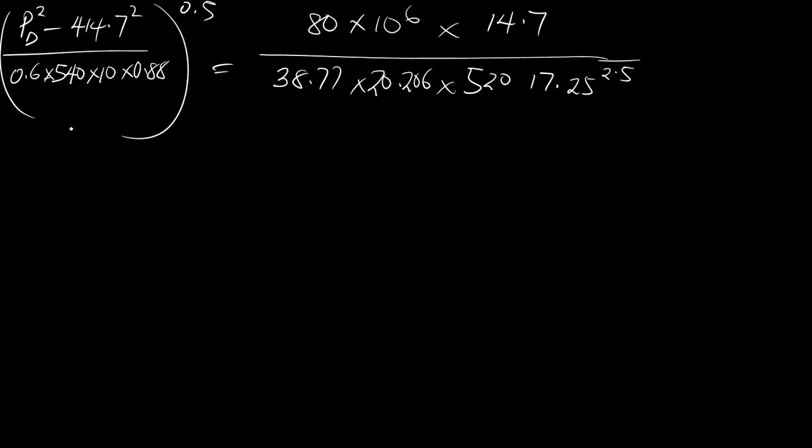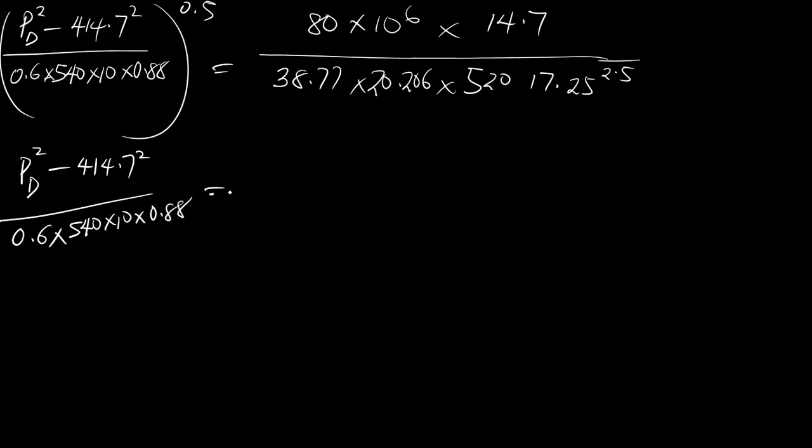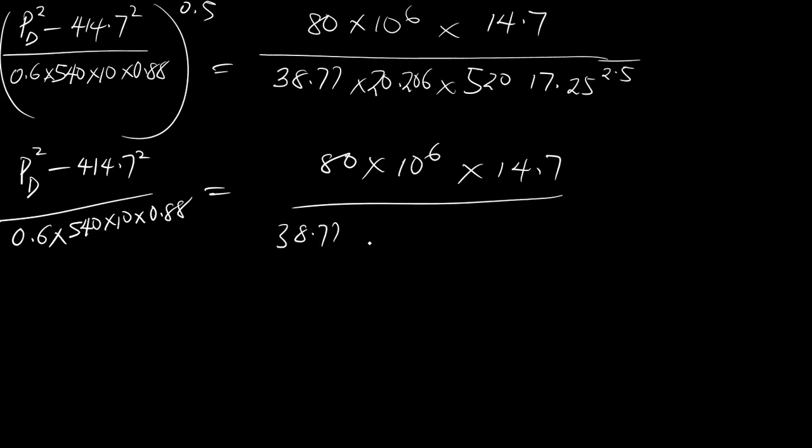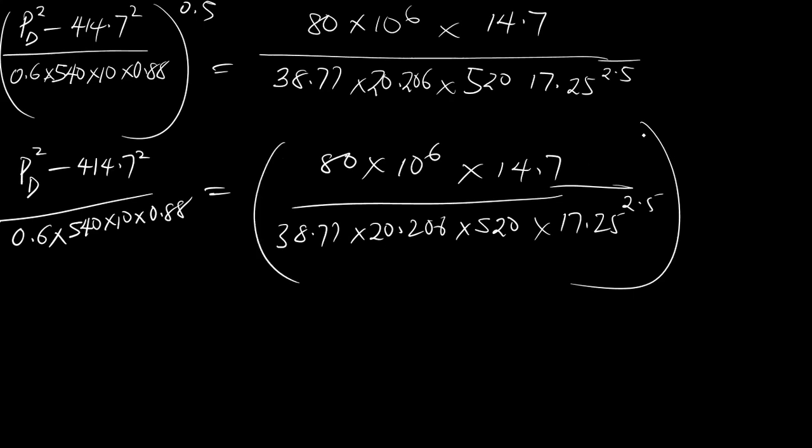You now have PD raised to power 2 minus 414.7 square divided by 0.6 times 540 divided by 10 divided by 0.88 equal to 80 times 10 raised to power 6 times 14.7 divided by 38.77 divided by 20.206 divided by 520 divided by 17.25 raised to power 2.5, all square.